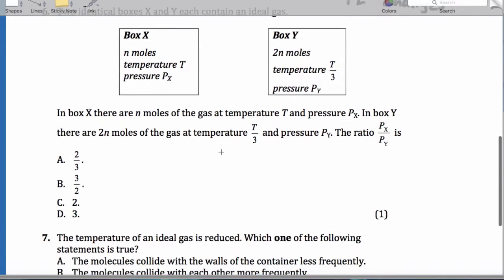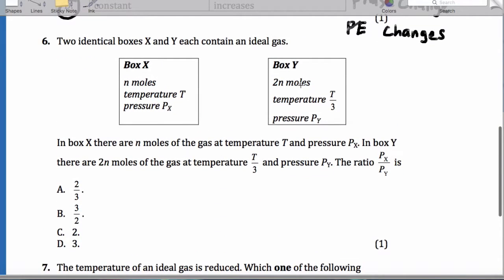And then for these two boxes here, first of all, we get two identical boxes with an ideal gas. And I'm just going to glance at all the variables. So I notice N, I notice T, I notice P. Okay. Ideal gas and these letters suggest to me that this is going to be some kind of a PV equals nRT ideal gas problem.